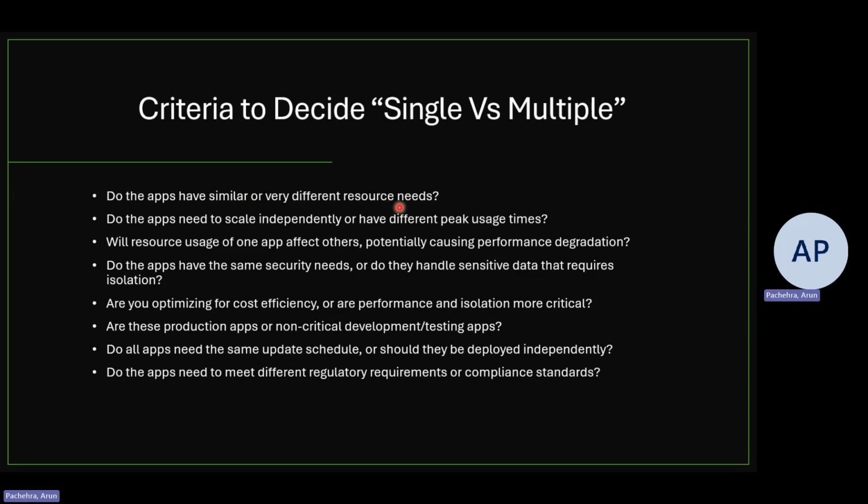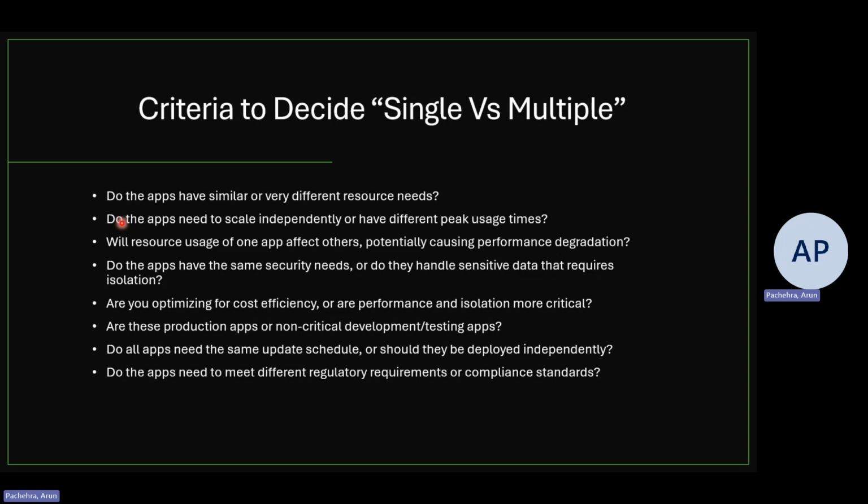We talked about it in our previous couple of slides when we were trying to understand the pros and cons. So a single plan is suitable if the applications have similar resource needs. And multiple plans are necessary if the applications have varying resource requirements.